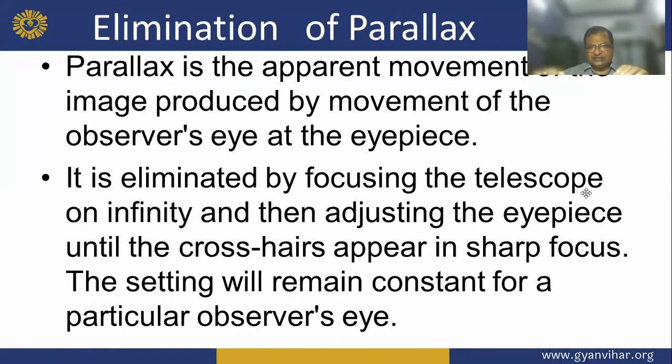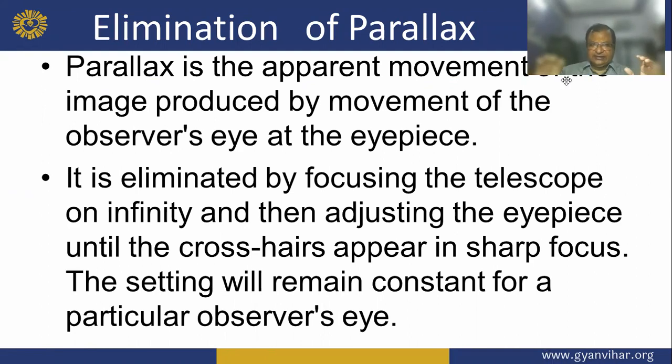Now, parallax is the apparent movement of the image produced by movement of the observer's eye at the eyepiece. It is very common in high heat.